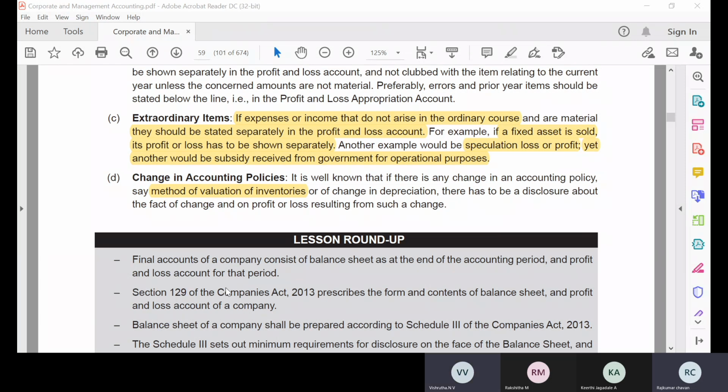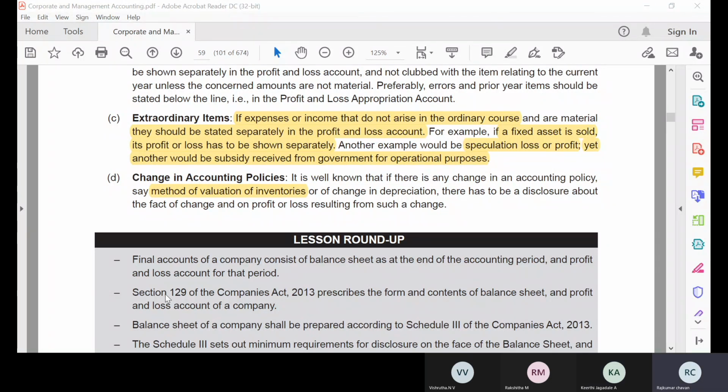One of them is ABC analysis. Kirti, I think Madam has started material costing. Yes, sir.